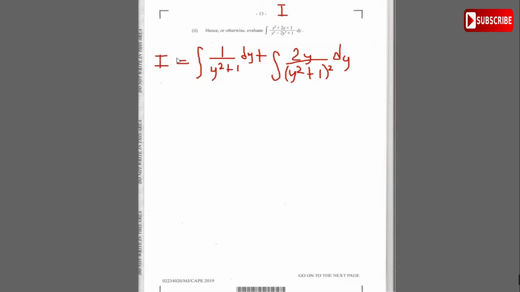The integral of 1 over y squared plus 1 is just tan inverse of y. You have to know those by heart. That's integration by recognition. Plus, to do the integral of this part, you're going to have to do some substitution. I want you to call u y squared plus 1.